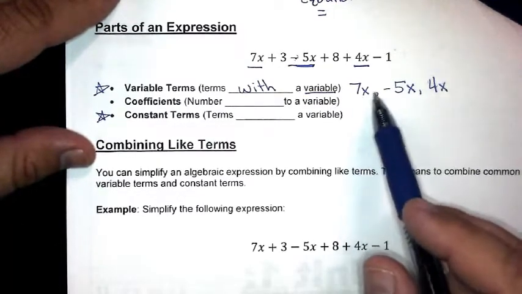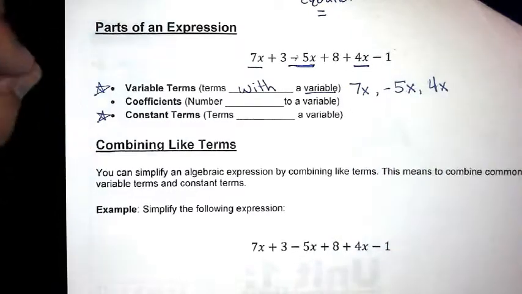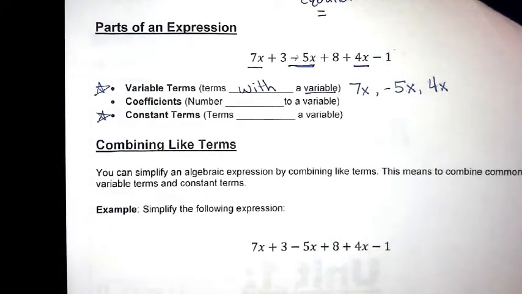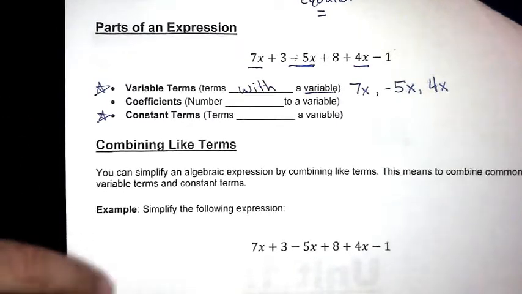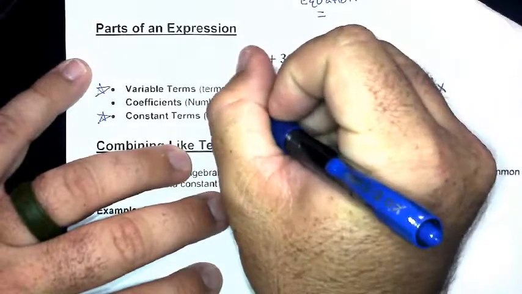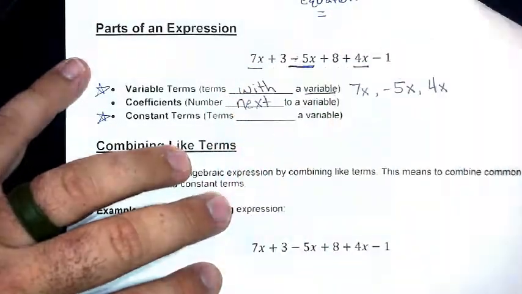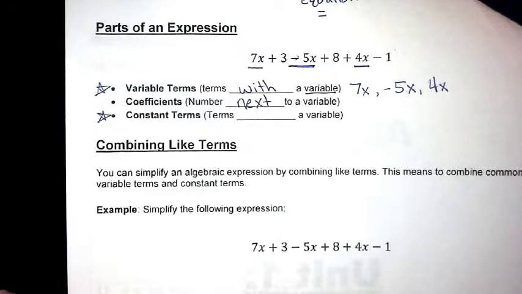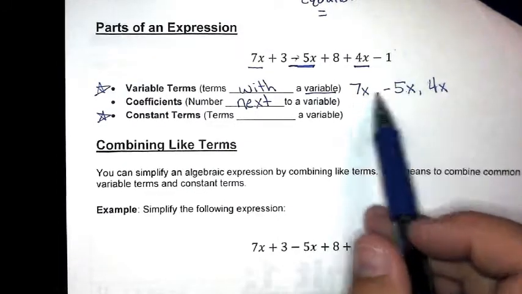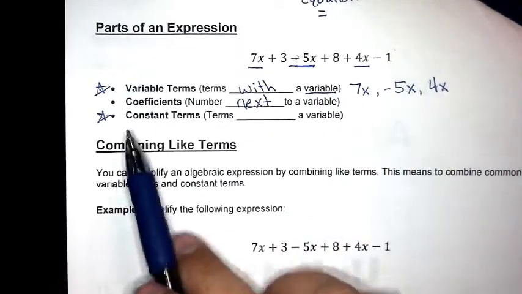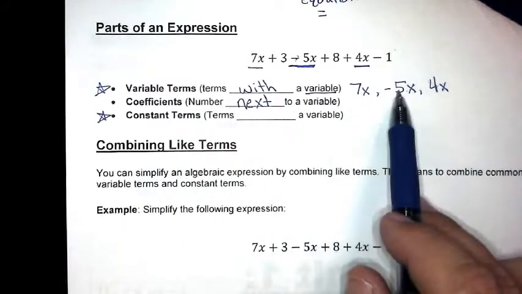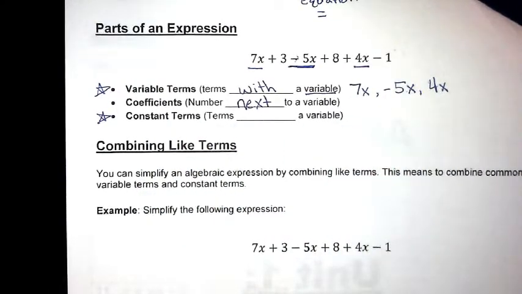Now that we've identified our variable terms, there are parts to a variable term. One of those parts is called a coefficient. The coefficient is just the number next to a variable. Our variable is x, so the coefficients are the numbers directly next to x.